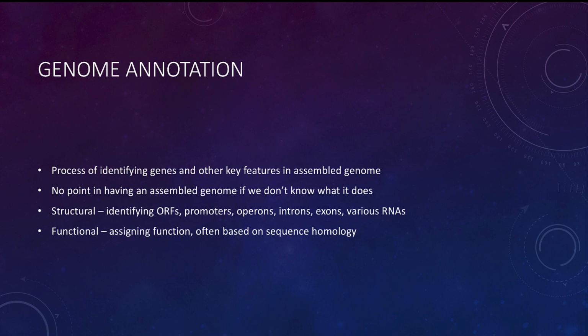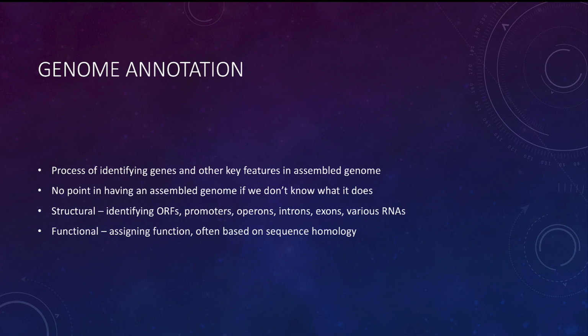Because really, what's the point of having the assembled genome if we have no idea what is found in that genome? And these processes are done for both prokaryotic and eukaryotic genomes. And remember, I'm only having us do prokaryotic genomes simply because they're smaller and they're faster. So it's easier to kind of iterate through a prokaryotic genome and get all of these processes done.